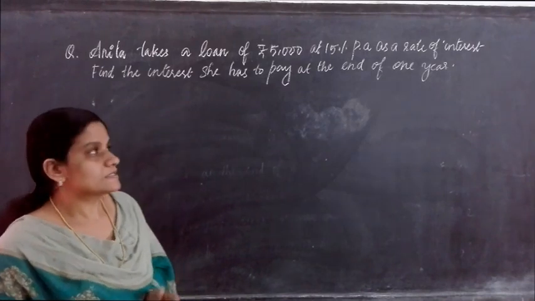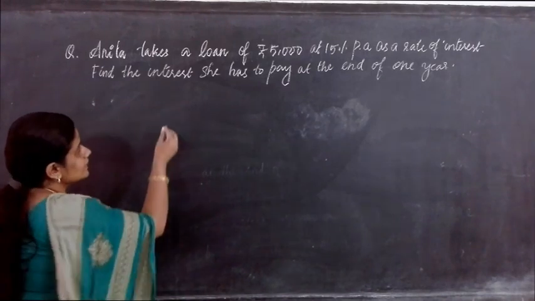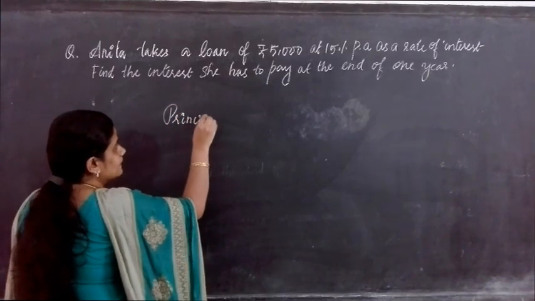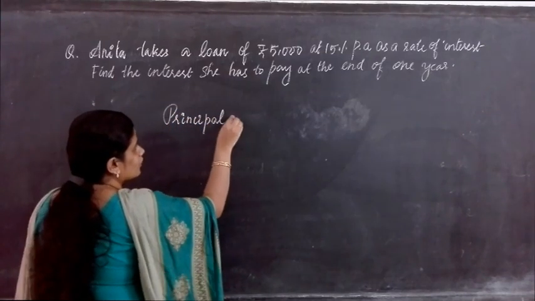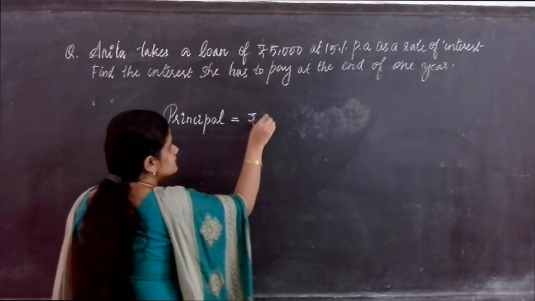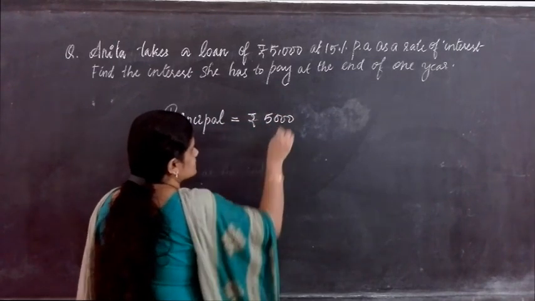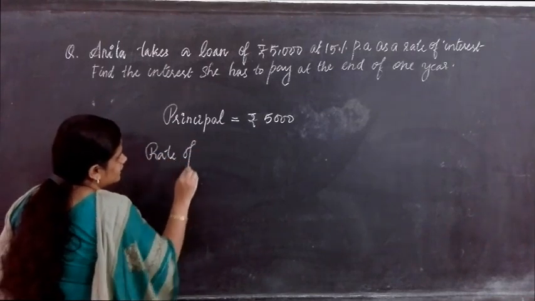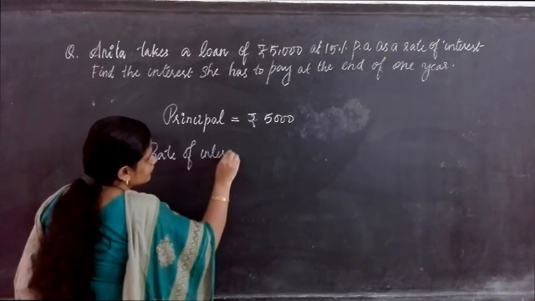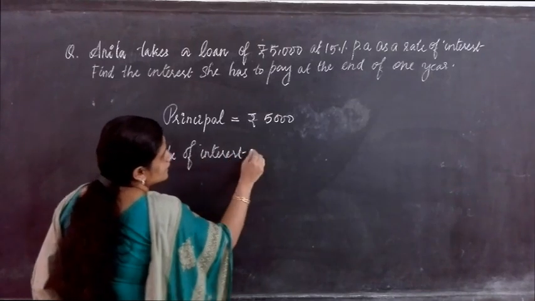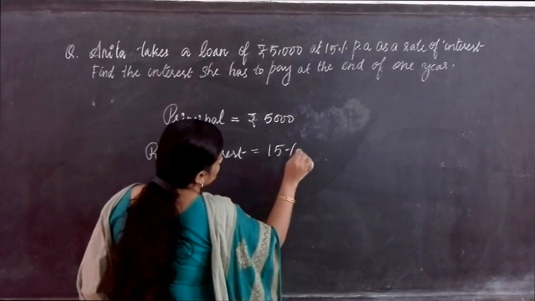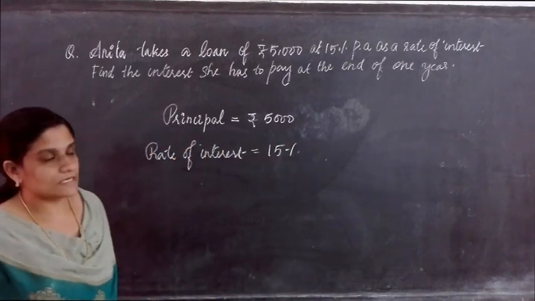Okay children. So here, what is the principal? Principal is nothing but the money that she has borrowed. That is rupees 5,000. Okay. Rate of interest is nothing but 15%. Okay.